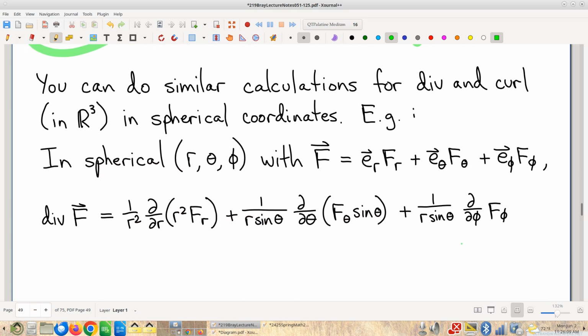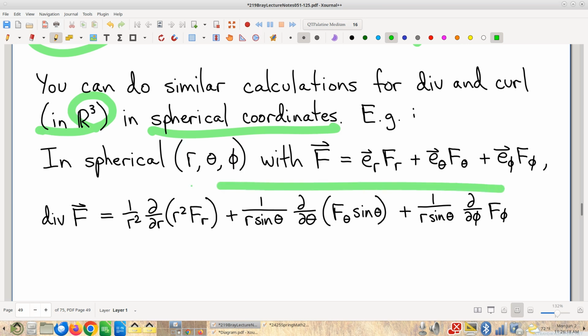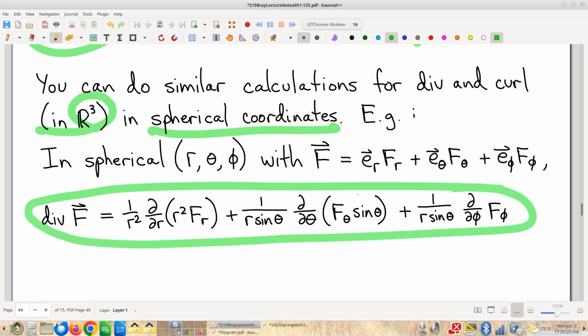Likewise, you can do this kind of stuff in 3 dimensions for spherical coordinates. And again, very handy, right? Just as an example, here's your 3-dimensional spherical divergence formula. And you'll notice I'm using the physics convention for spherical coordinates here, because I found this formula in a physics reference.